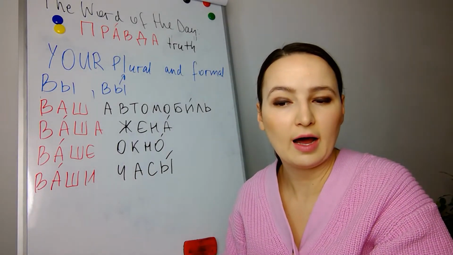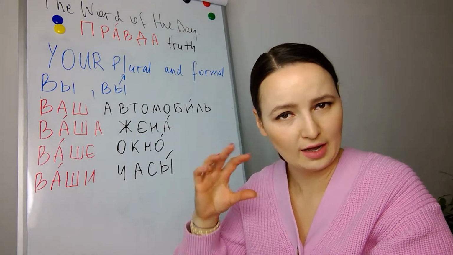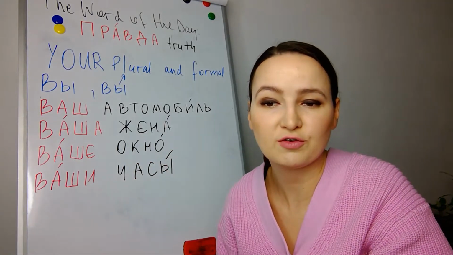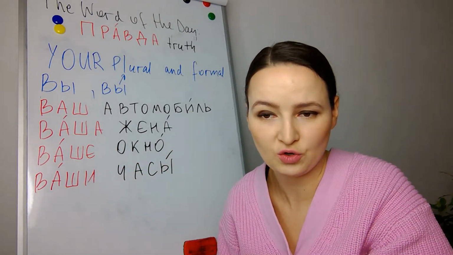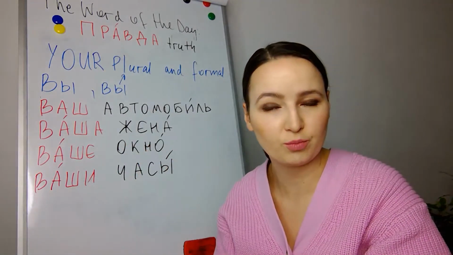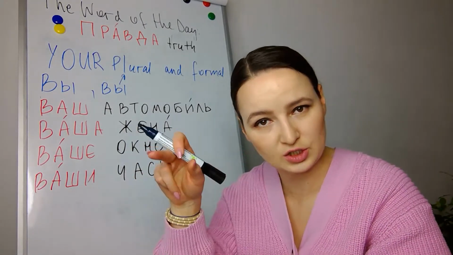Like eyeglasses in English, it's only plural, right? In Russian, часы is plural. Ваши часы. Your watch. For example, you will ask your boss, это ваши часы? Is this your watch?